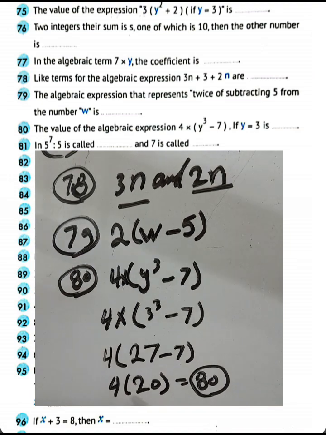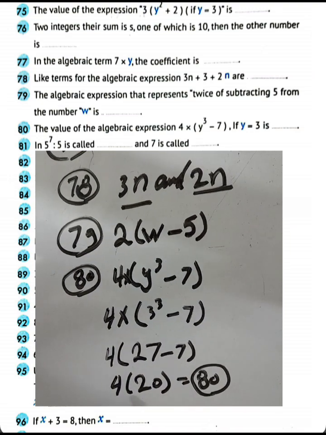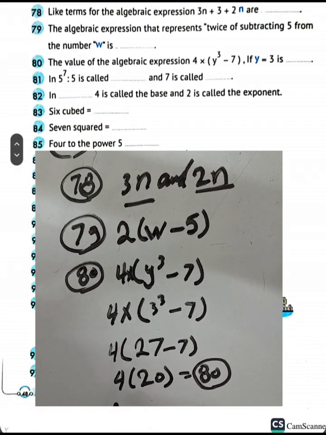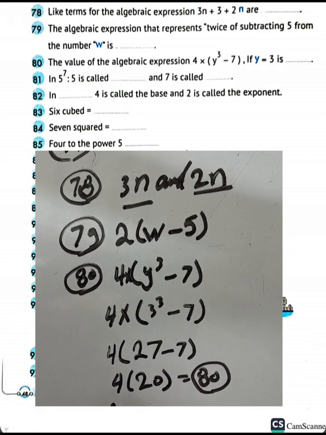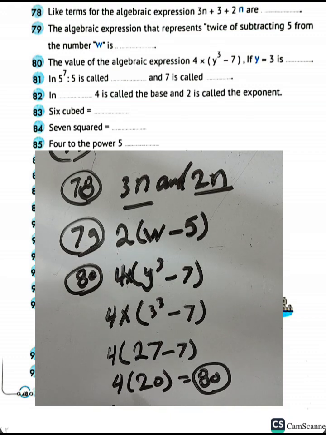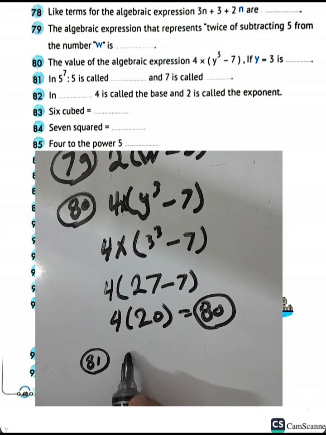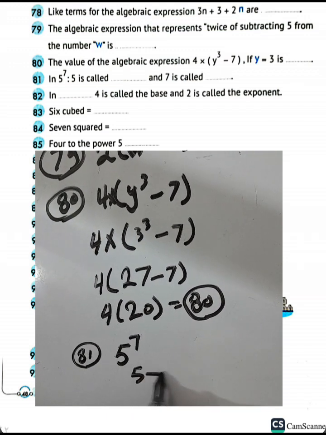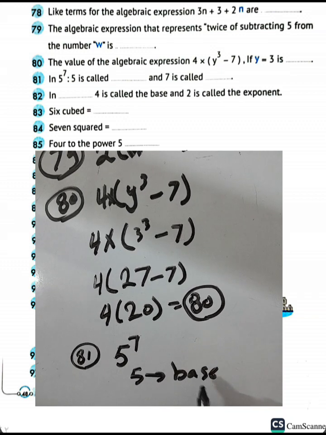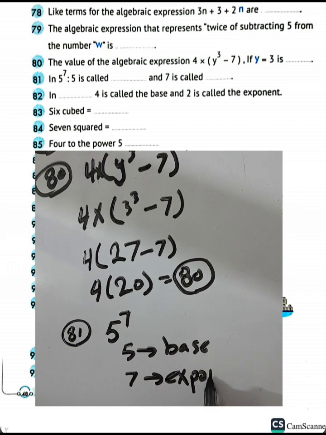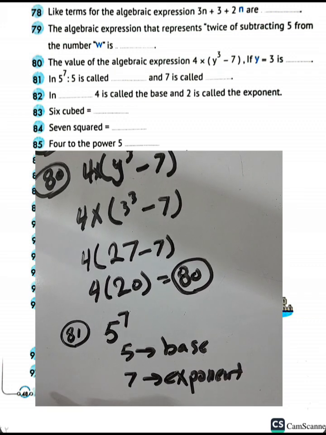Question 81. In 5 power 7, 5 is called the base and 7 is called the exponent.